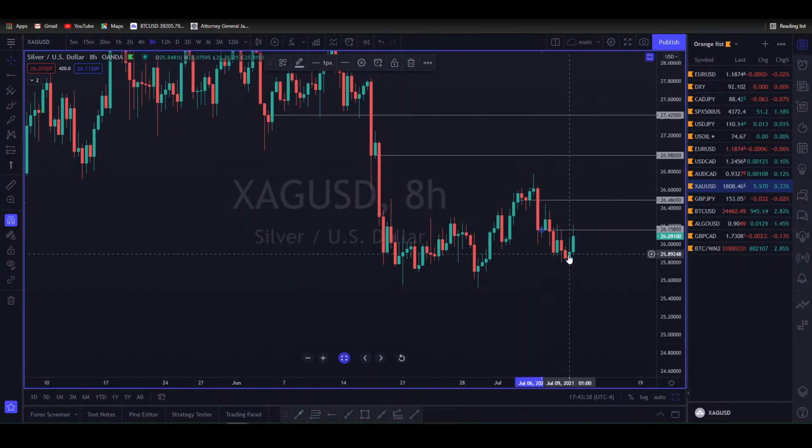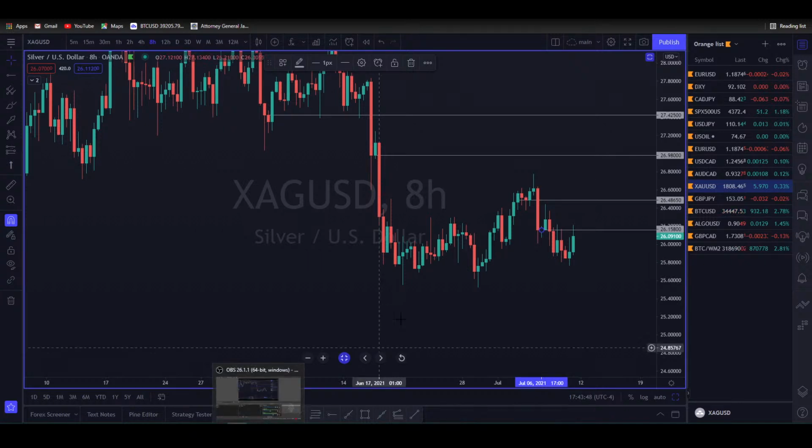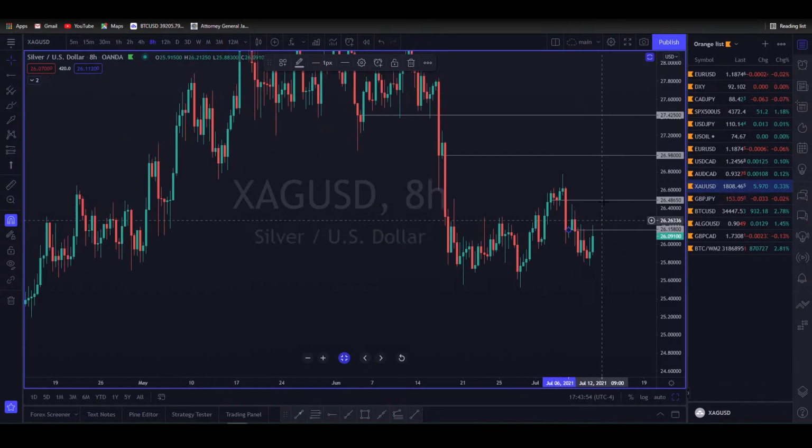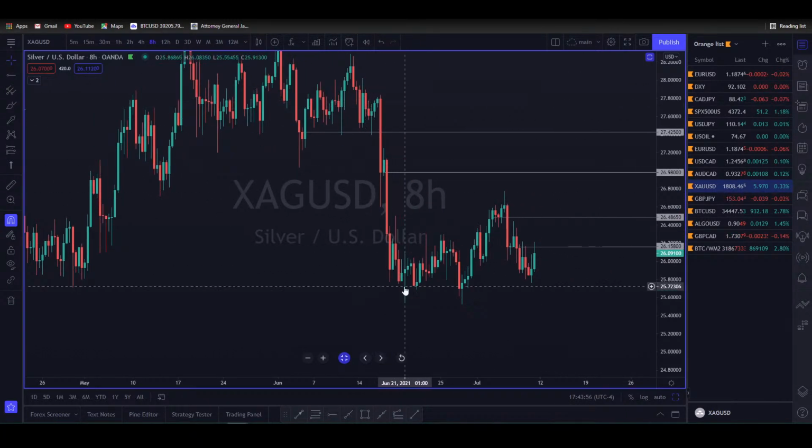Because you did get a reversal or a rejection up here, but you still haven't taken out massive support below you. So this can in fact be a higher low. But this high would have to be taken out for us to know for sure that's what's going on. So since we don't know for sure what's going on, keep the near-term trend in mind when looking to take entries.